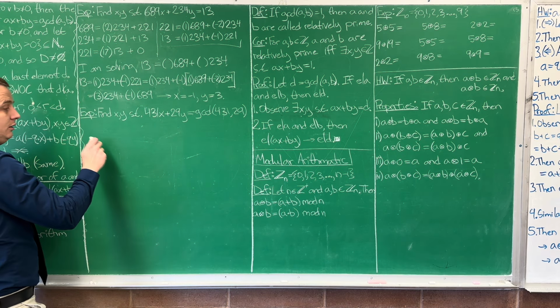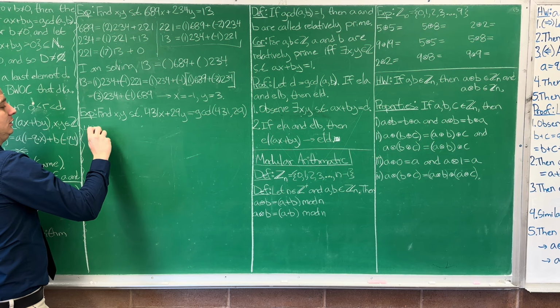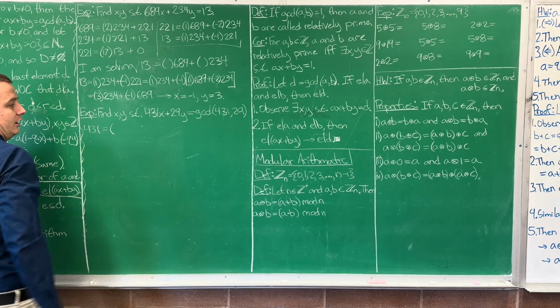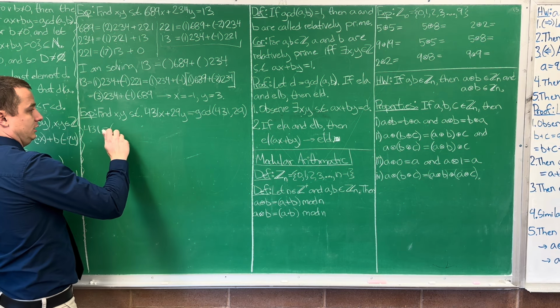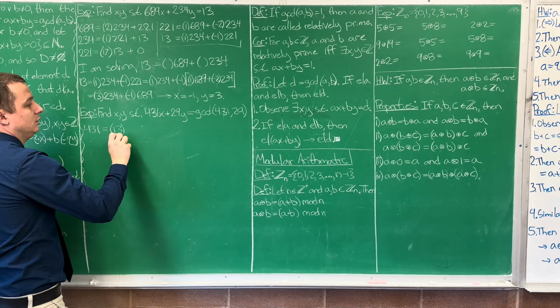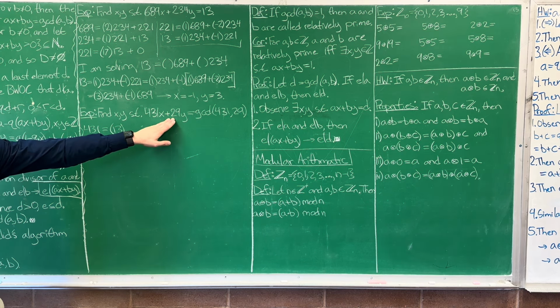Good? Okay, so first we divide it. 431 is equal to how many 29s? There's a few. Is it going to be 13, or does it get all the way to 14? Let's see. What's 13 times 29?